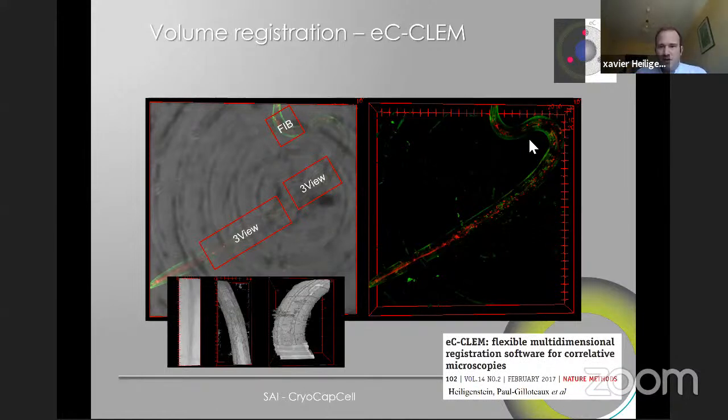And you can see that the fluorescence remains very bright in the block, and still we can do some highly contrasted electron microscopy. ECCLAM that you can see here is the software we've been using for correlating the images, and this is a software I developed a few years ago together with Perrine Paul-Gilloteaux, and together we made this software for easy correlative light and electron microscopy.